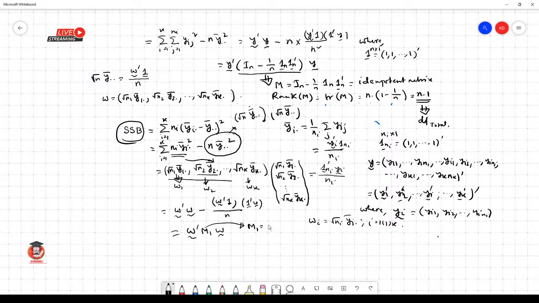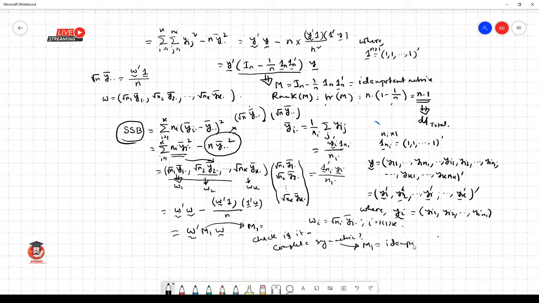Find M1, check whether it is a complete symmetric matrix, and then see that this M1 is also an idempotent matrix.